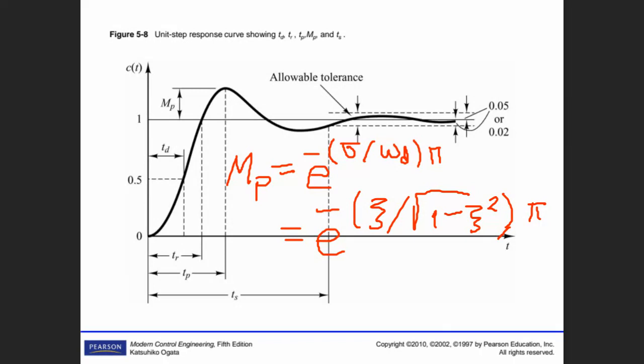So e to the power minus zeta over square root of 1 minus zeta square times pi. Okay, so that is the equation for MP.